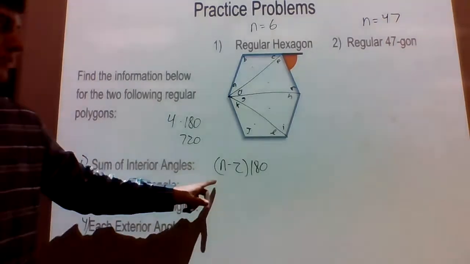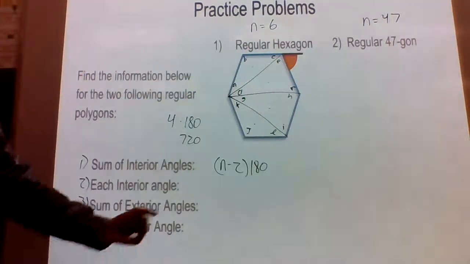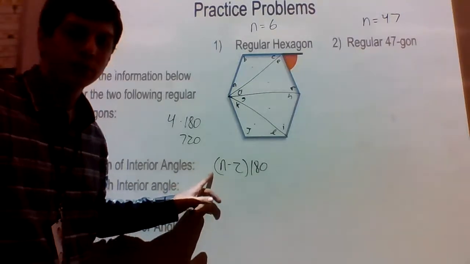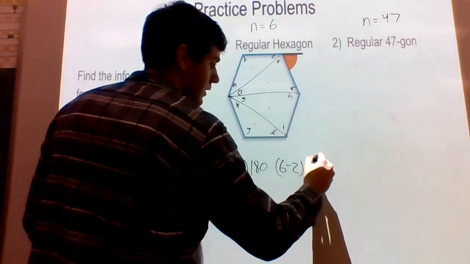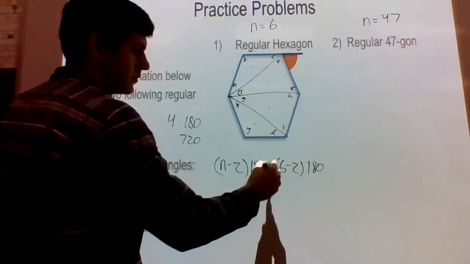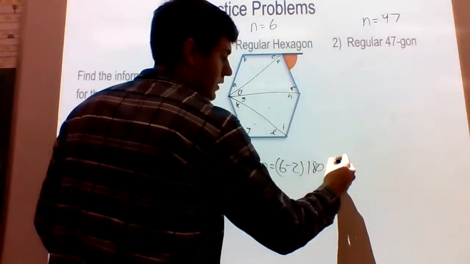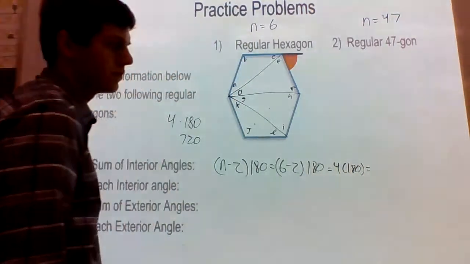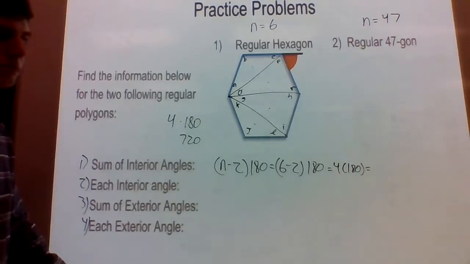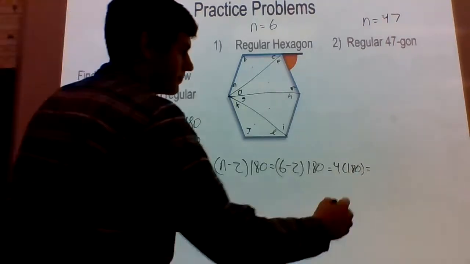So n is 6 because it's a hexagon. It has 6 sides, so we substitute in 6 for n. We get 6 minus 2 times 180, which is 4 times 180, which gives us 720.